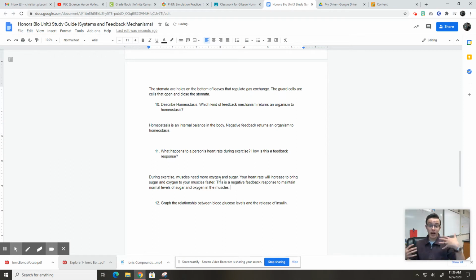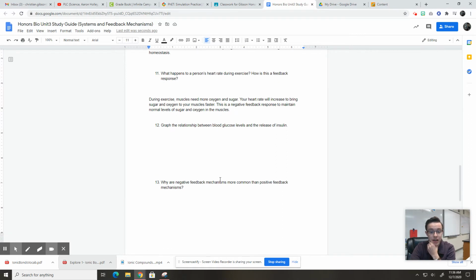So you are exercising, those levels start to get low, your heart rate increases so that oxygen and blood sugar can be brought faster, and so those levels go back up to normal. You had a stimulus that threw you out of balance, and then your body counteracted that stimulus to bring it back to normal. And that's a textbook example of negative feedback.